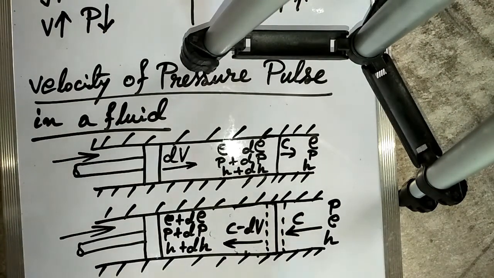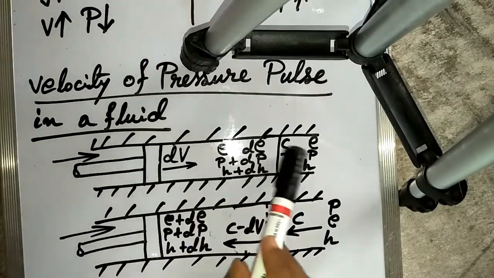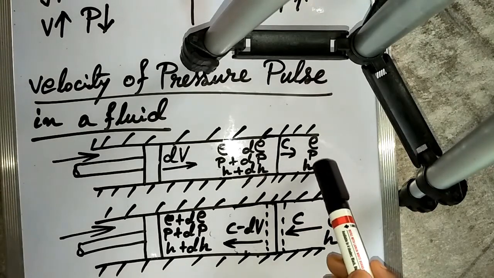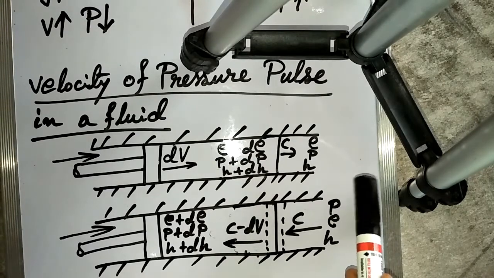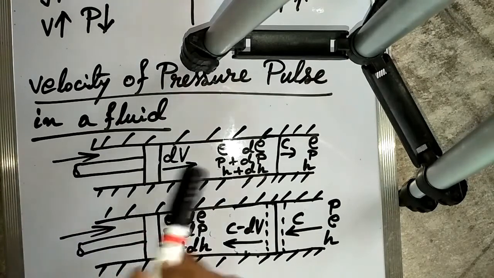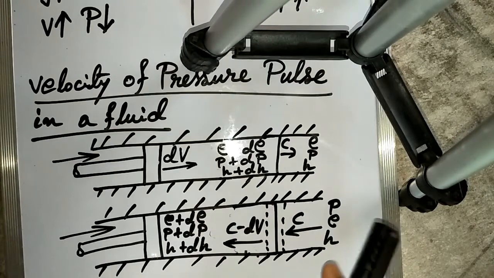Now, the velocity of a pressure pulse in a fluid. As shown in this figure, this one is a cylinder and this one is a piston. It's filled with a fluid of density rho, pressure P, and enthalpy H. We push the piston towards the right, so a pressure wave is generated here.